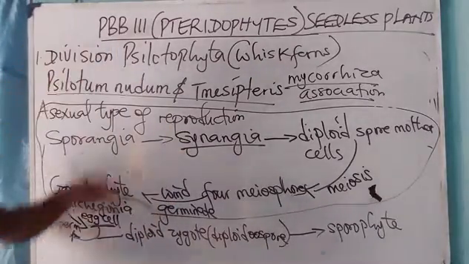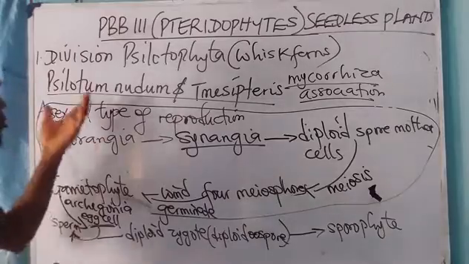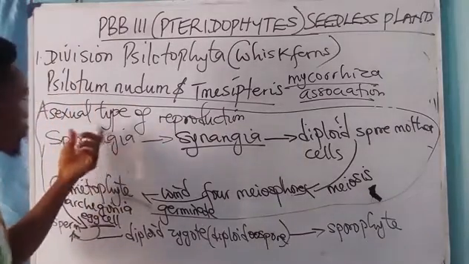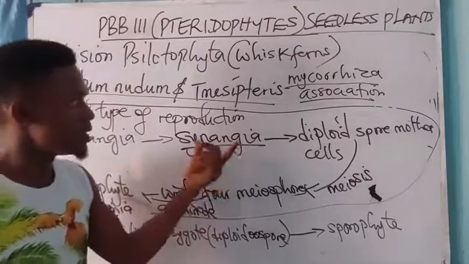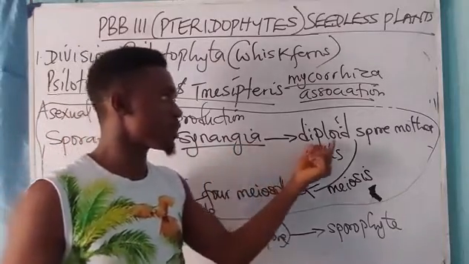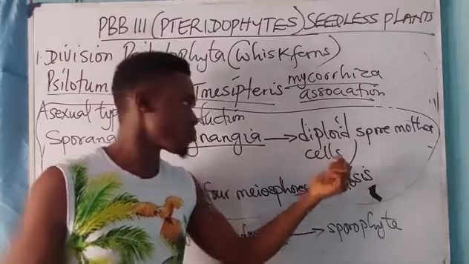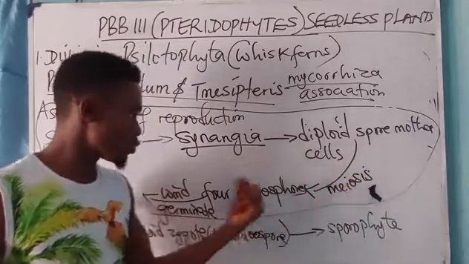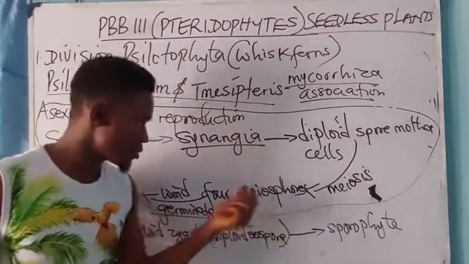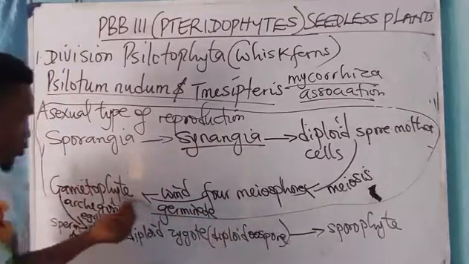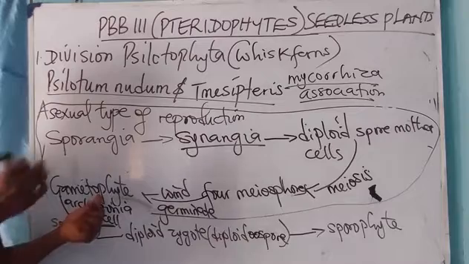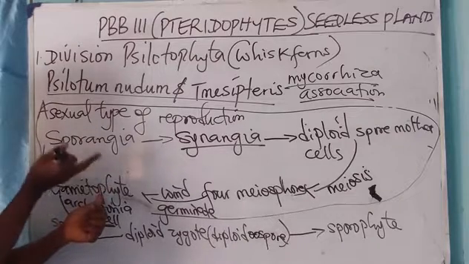So this is all about the Psilophytes. I've given us everything: natural reproduction, sporangia occurring in threes to produce what? Synangium. The synangium produces diploid spore mother cells, which will undergo meiosis to produce 4 myospores. These myospores are blown by the wind. They germinate to produce the gametophyte. This is the asexual mode of reproduction.